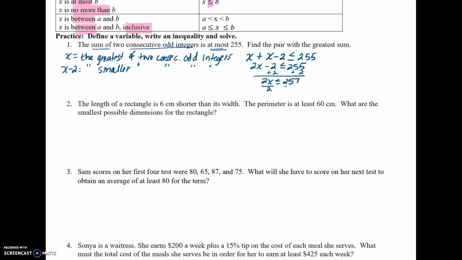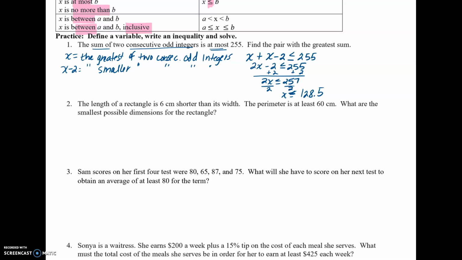When I divide by 2, it does not go in there evenly, so I get x is less than or equal to 128.5, which I just wrote as a decimal. So first of all, 128 and 5/10 is not an integer because it has the decimal with it.